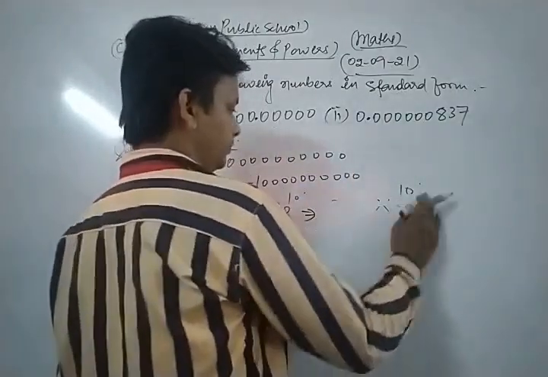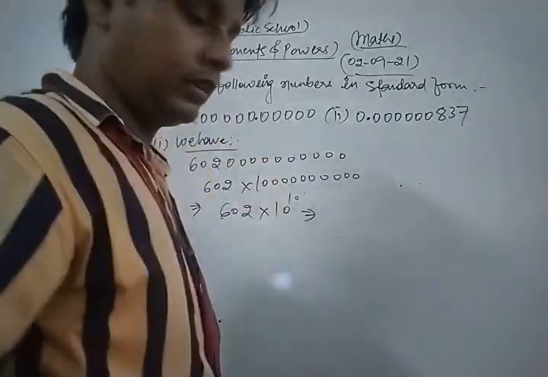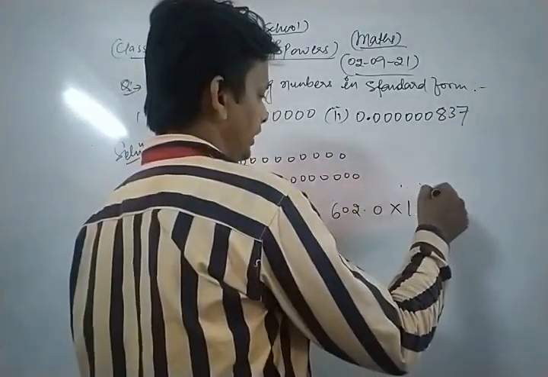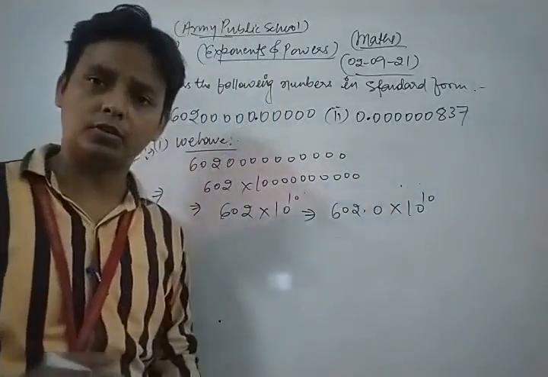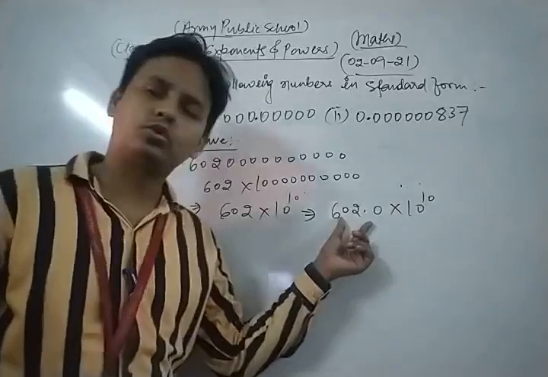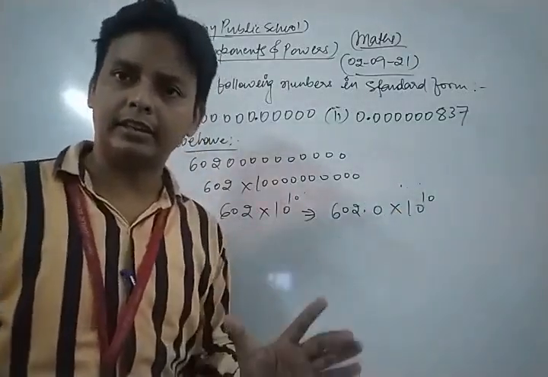We can write 602 as 602.0 into 10 to the power 10. There is no effect on the number.